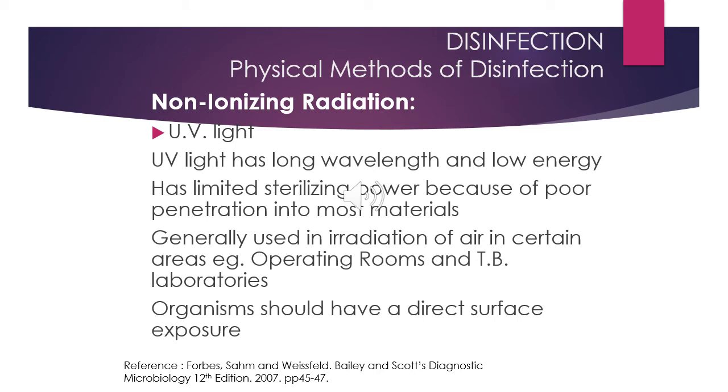So usually you use this in certain areas of the hospital such as your TB laboratories and your operating rooms, and organisms should have a direct surface exposure. So it does not work if the surface that you want to sterilize is not exposed to this kind of radiation.